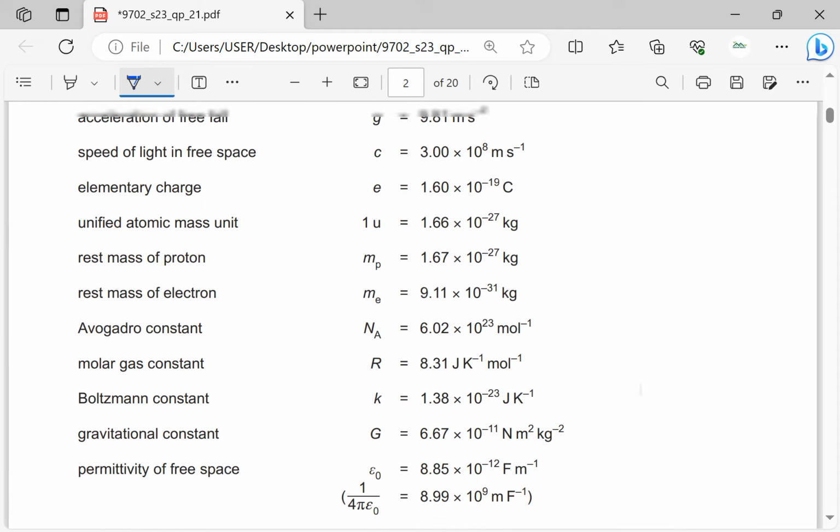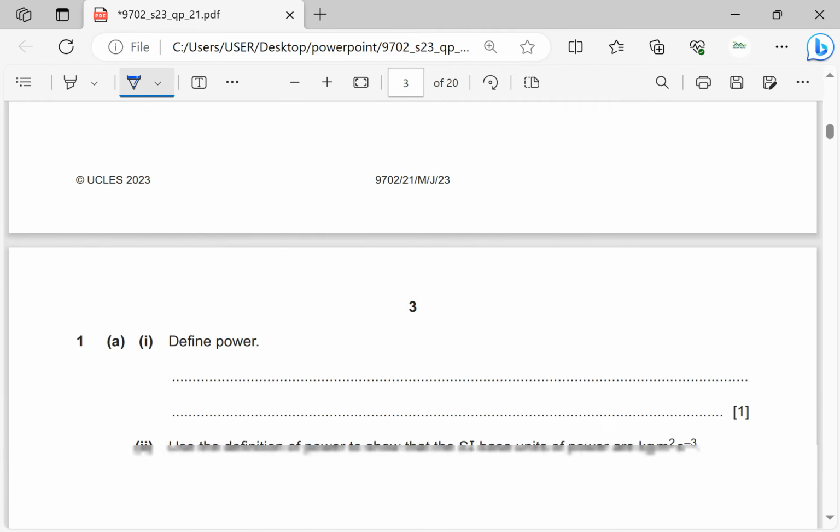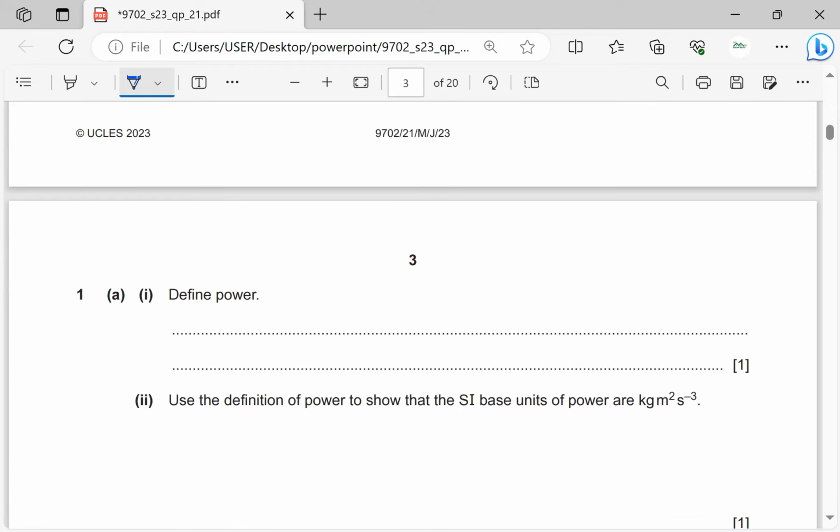So this is the data. I'll not go through the data given. So number one, define power. So we know that power is the work done per unit time. So this is simply work done per unit time.